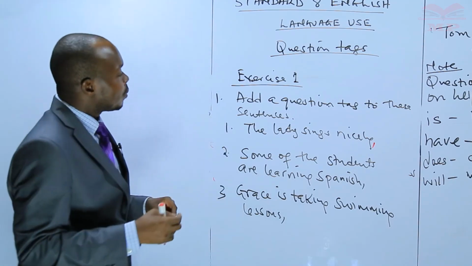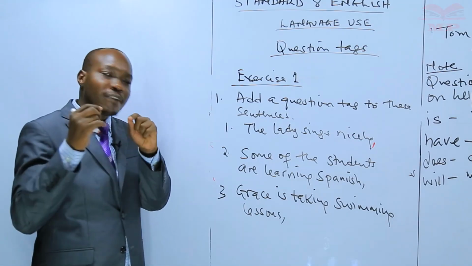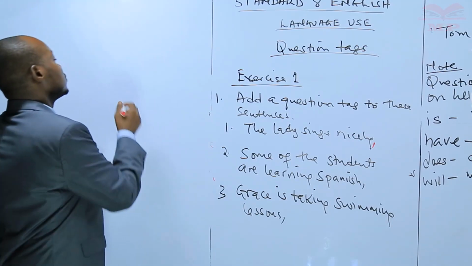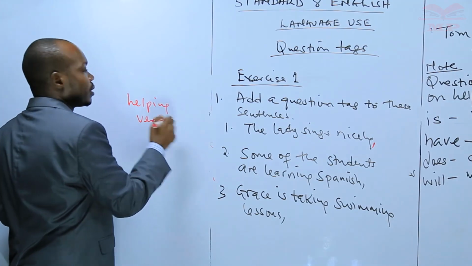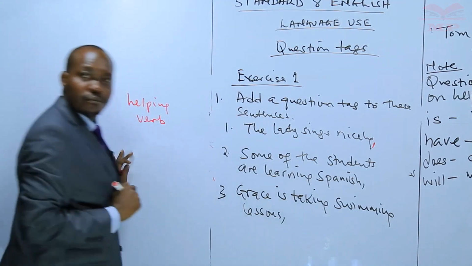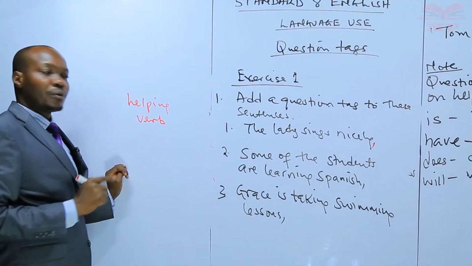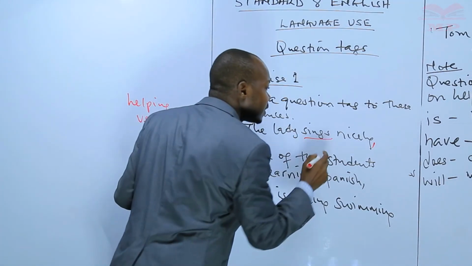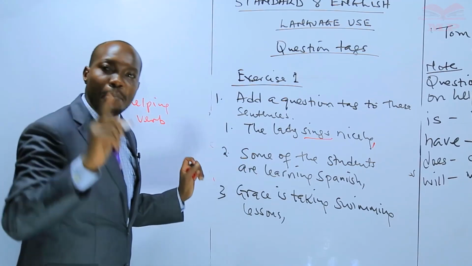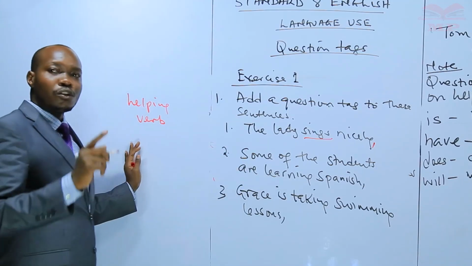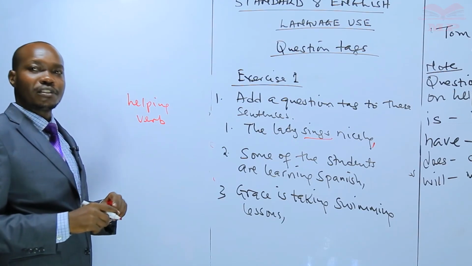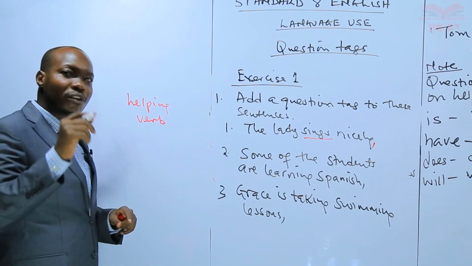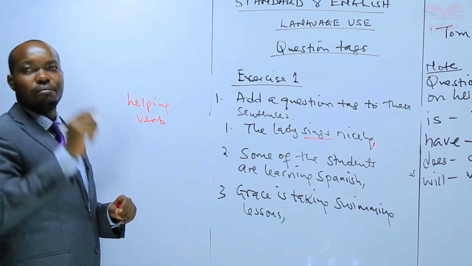Number 2, look at the supportive verb, helping verb. Show me the helping verb here. We have sings. Sings is the main verb, not a helping verb. All right? And we said you only place a tag on a helping verb.